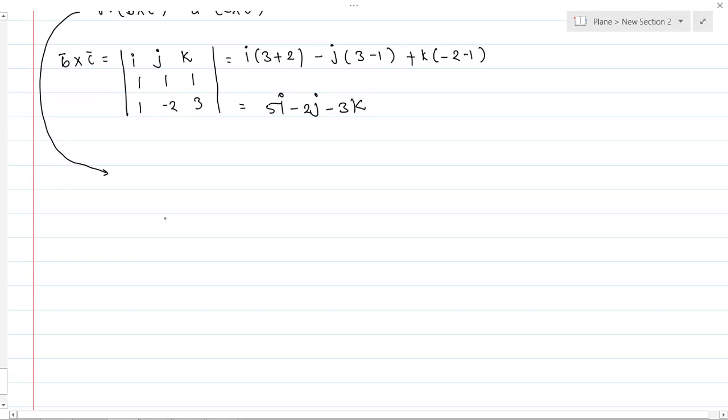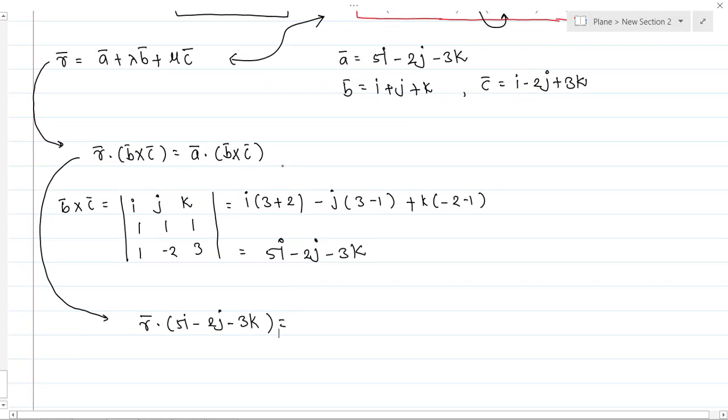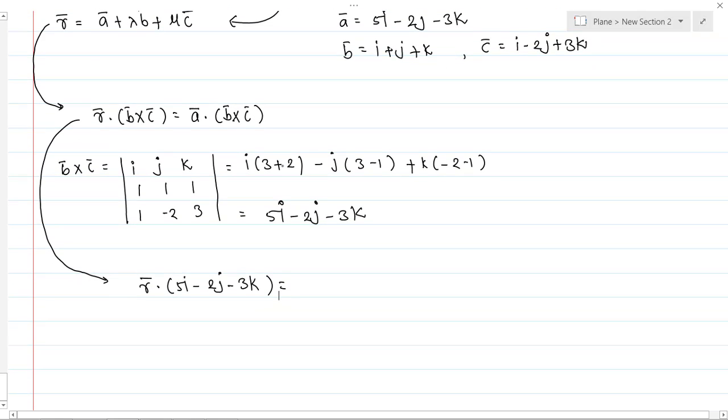So r bar dot (5i minus 2j minus 3k) equals, what is a bar? a bar is nothing but 5i minus 2j minus 3k. So it's 5i minus 2j minus 3k dot b bar cross c bar, which is again 5i minus 2j minus 3k.